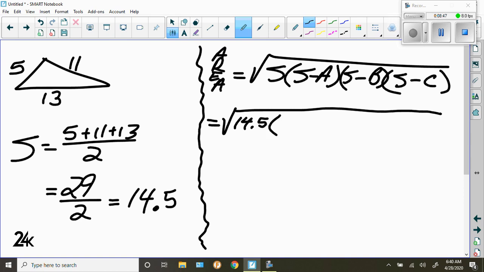I'm going to do 14.5 minus 5 and get 9.5. Then I'm going to do 14.5 minus 11 and get 3.5. Then I'm going to do 14.5 minus 13, 1.5.